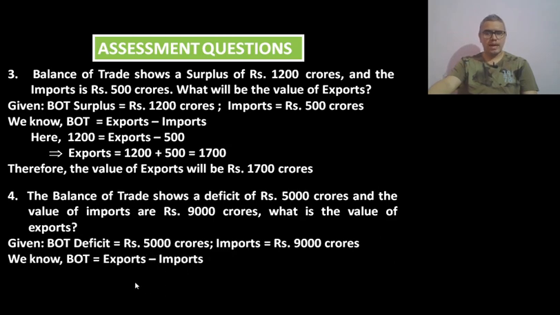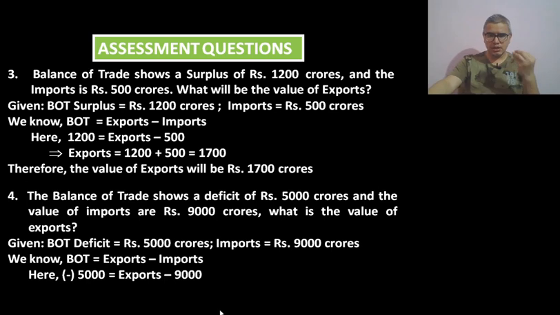Now balance of trade formula is exports minus imports. Here what we will do is we will write the value of deficit in negative form, negative 5,000. This will make our calculation easy. Otherwise, if we don't write this negative 5,000 here, then we will get an answer, but the sign will not come properly and our answer may be wrong.